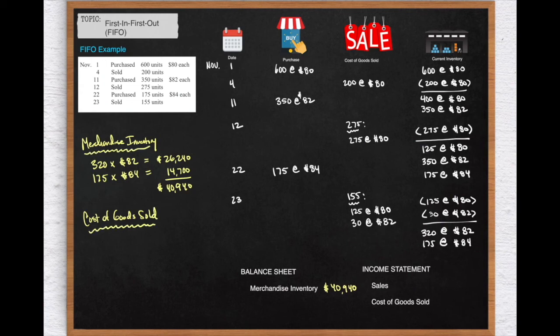And we've been recording the cost. So the first one is 200 units at $80. Next one is 275 units at $80. Next one is 125 units at $80. And lastly, we have 30 units at $82.